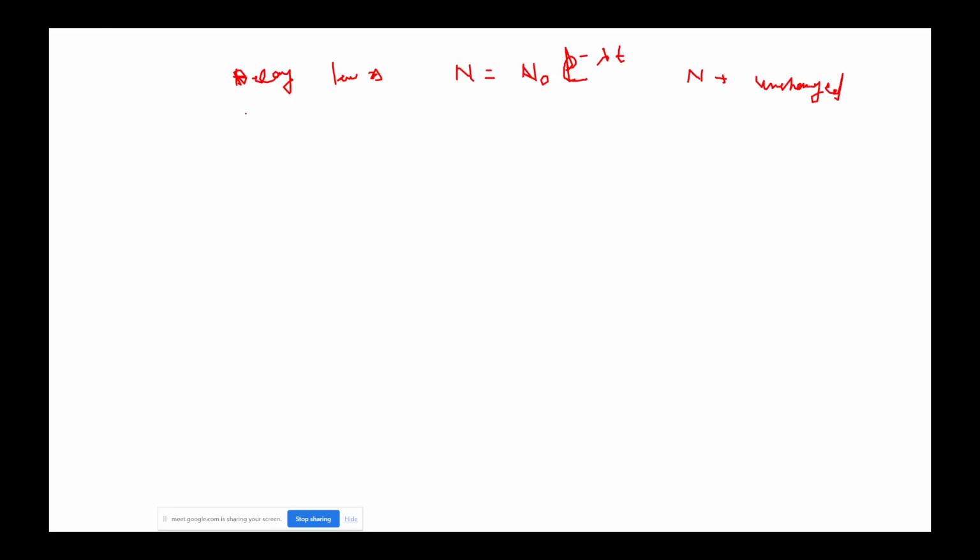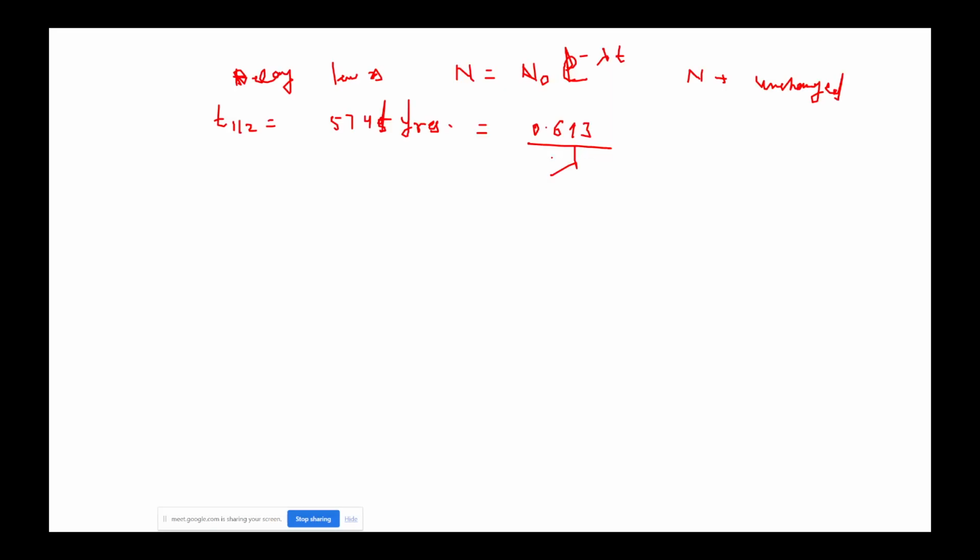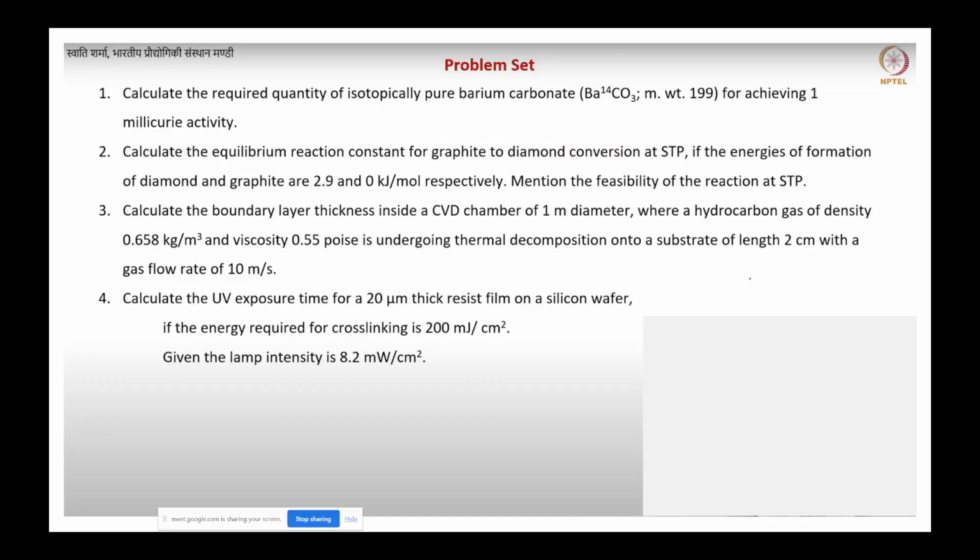Now t half will be 5745 years, which is 0.693 by lambda. This is given. I have given you the hint, and now I want you to take some time and try to solve this. Please try for a few minutes and then I will discuss this problem with you.